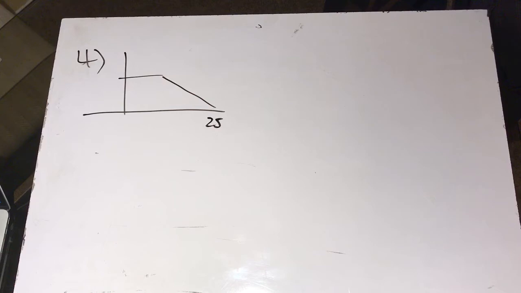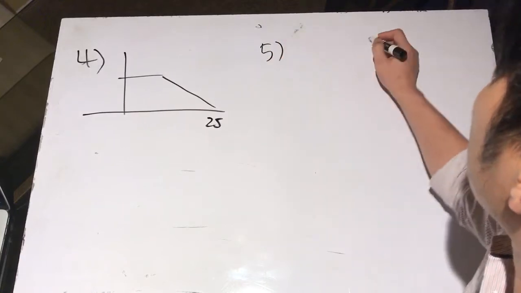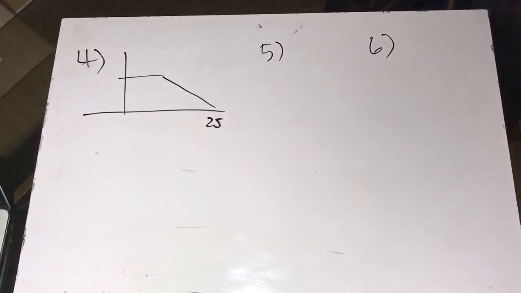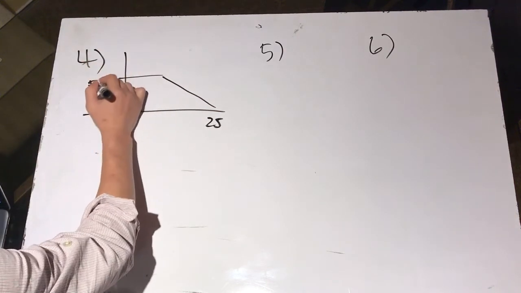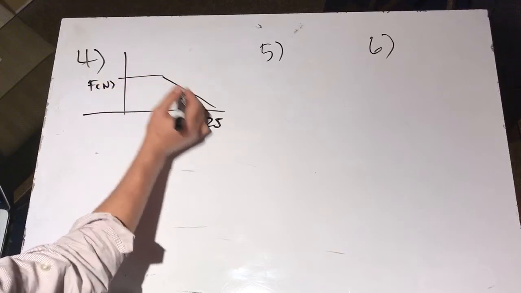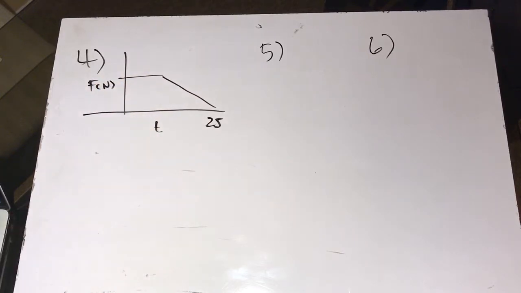I'm doing question number 4, question number 5, and question number 6, since they're the same one. So question number 4 is very easy because we know that the graph itself is F, and this is time. It asks to calculate the impulse applied to the mass during the first 25 seconds.